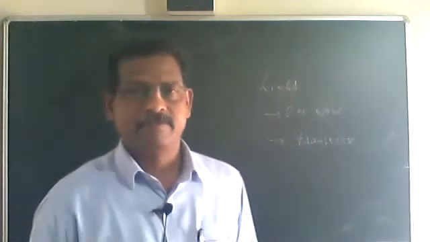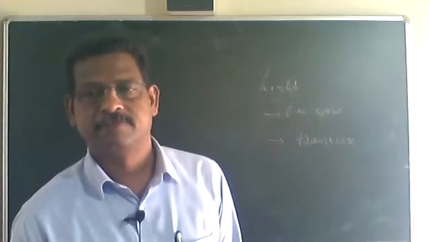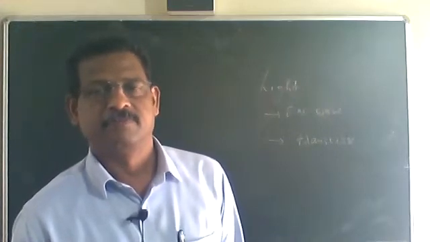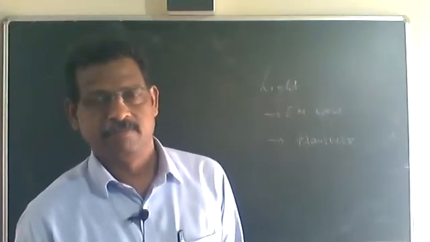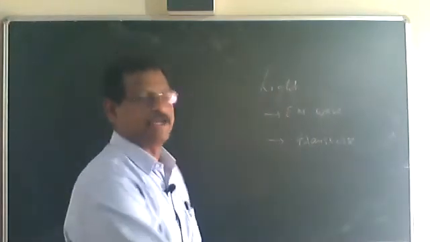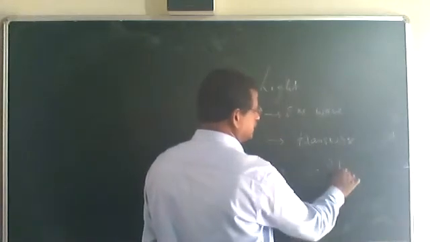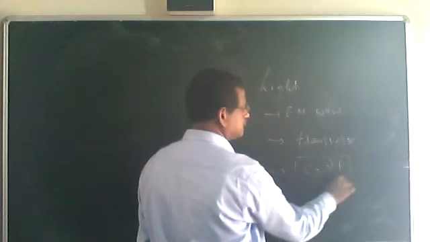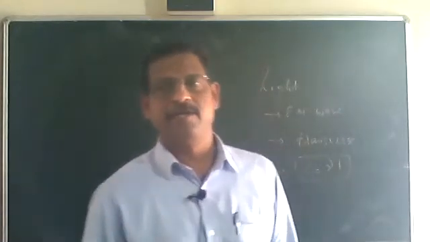So wave is associated with its frequency, wavelength and its velocity. The equation relating them is c equal to nu lambda. c, the velocity of light, depends upon the medium.